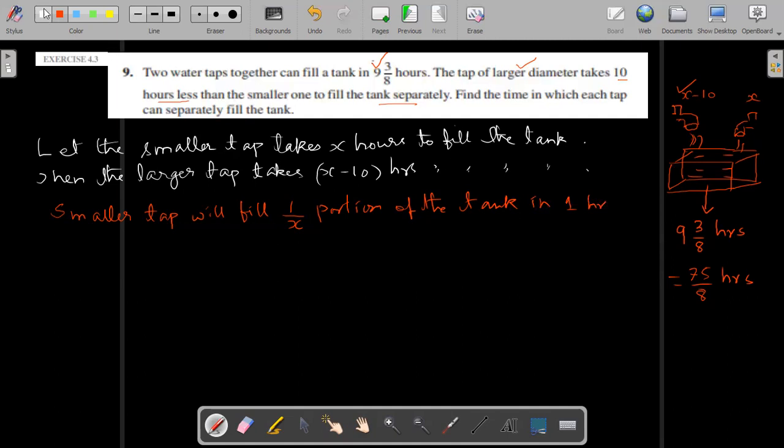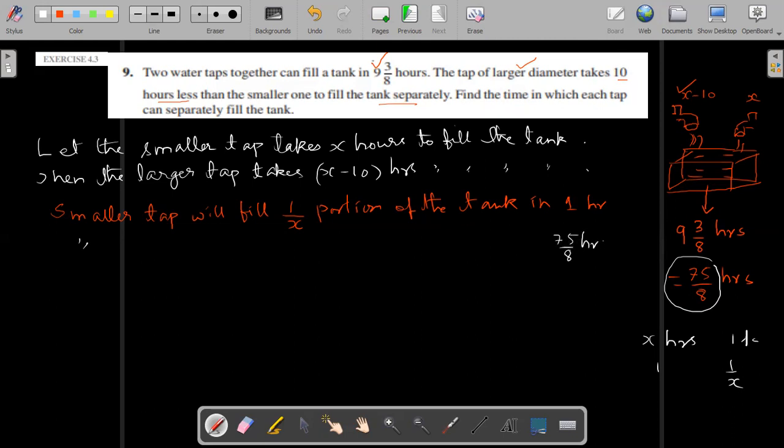Why? Because in x hours, it is filling the full tank, which means we can say one tank. So in 1 hour, it will fill 1 by x part of the tank, obviously. Similarly, in how much portion will the smaller tap fill in 75 by 8 hours?